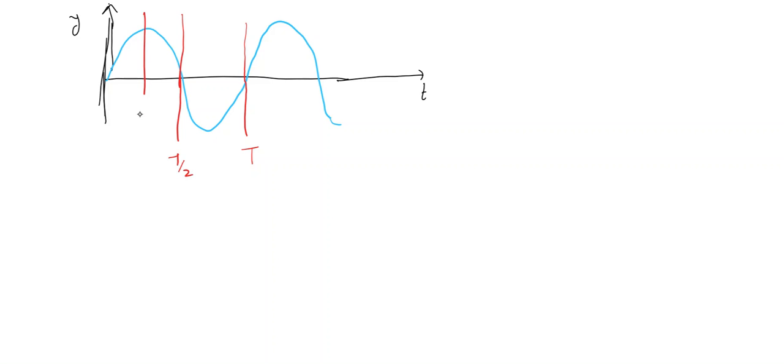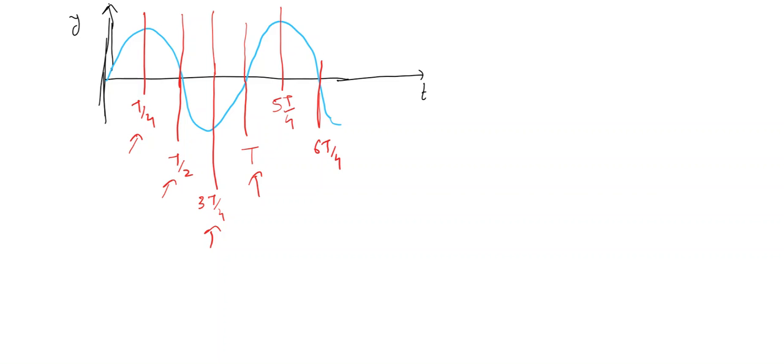Similarly, this is T by 4, this is 3T by 4, and so on. So you can say this is 1T by 4, 2T by 4, 3T by 4, 4T by 4, 5T by 4, 6T by 4, right? So in terms of T by 4, we can express wave occurrence.